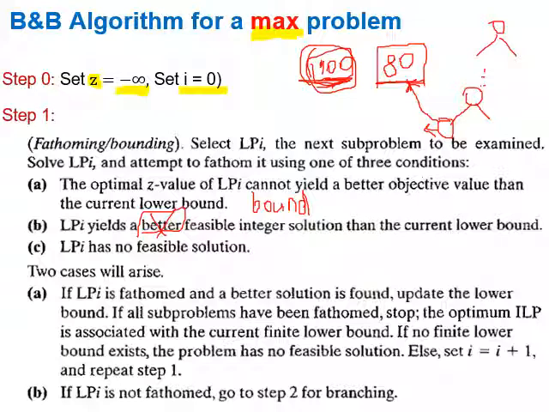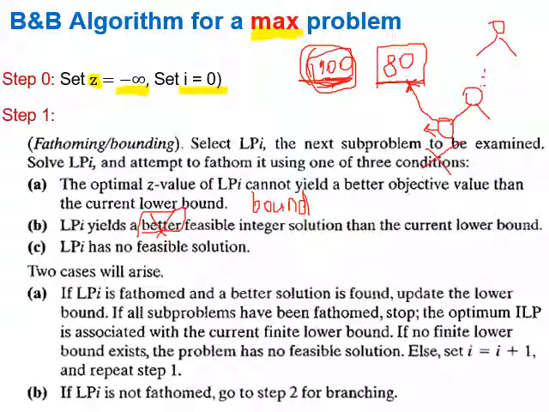And you found a new solution here. If that solution is 80, for a maximization problem, 80 is worse than 100. So we terminate, we fathom this node, and we do nothing. We continue with the other nodes. Still, the best solution that we found is 100.